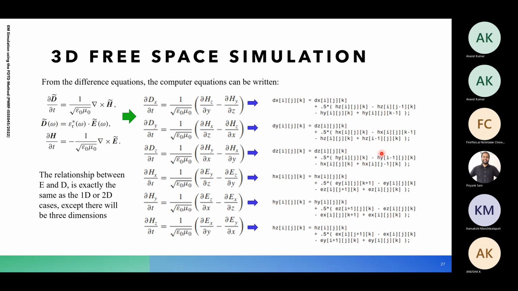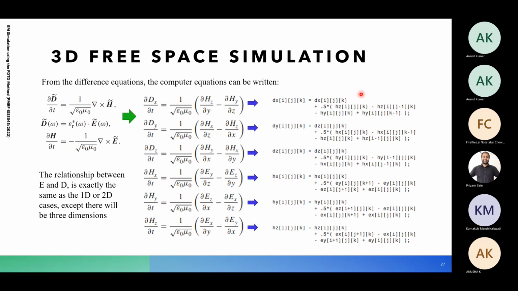Again, one of the doubts that was asked in the beginning of this class by Priyank was, when we are writing the loop, why do we start one particular loop from 2 to JE or IE, and some of the loops from 1 to JE minus 1. You can see over here there is a J minus 1, and there's a K minus 1 over here.